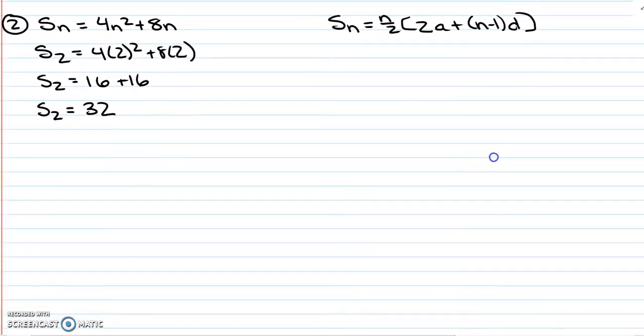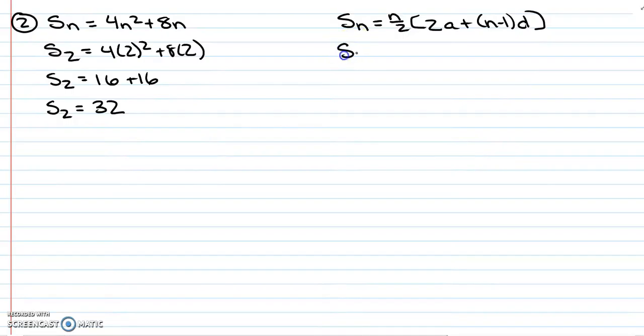If we focus over here on the right, we know that the sum of 2 is equal to 2 divided by 2 multiplied by (2a plus (2 minus 1)d). So 2 divided by 2 at the front is going to become 1, so we can simply eliminate that. And the 2 minus 1 is going to become 1, so we can also remove that.